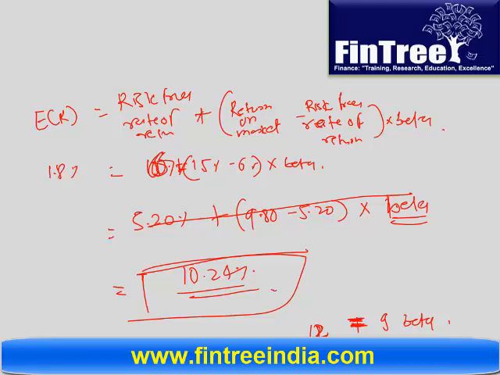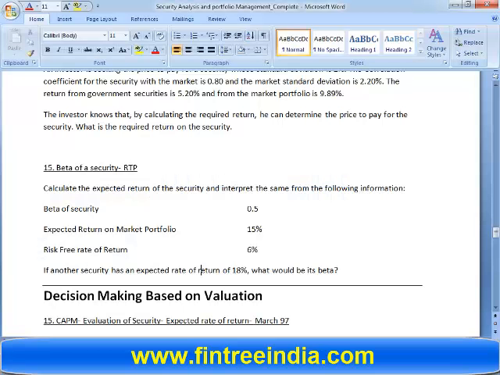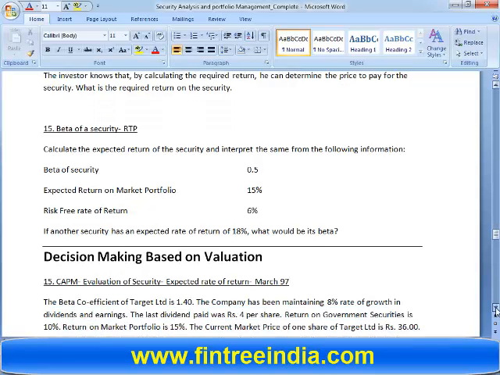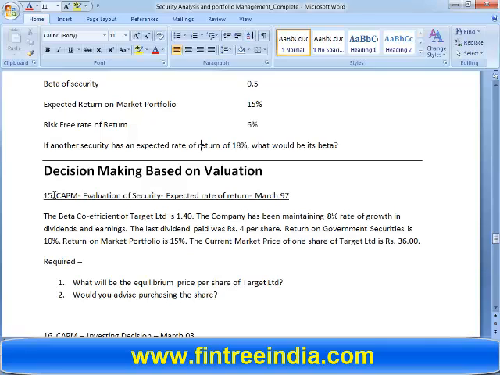Are we good to move on? Question number 16. CAPM evaluation of security, expected rate of return, March 97 question. The beta coefficient of Target Limited is 1.40.